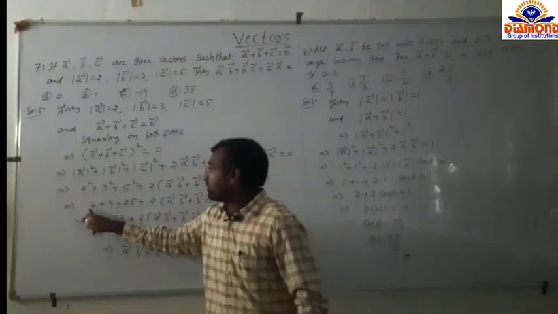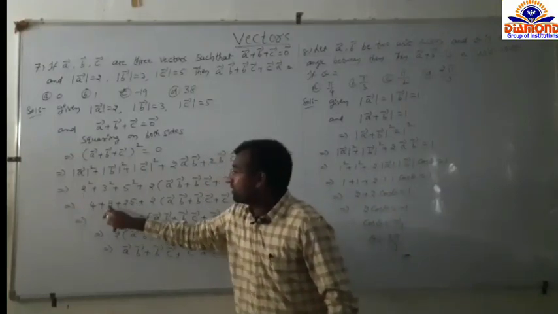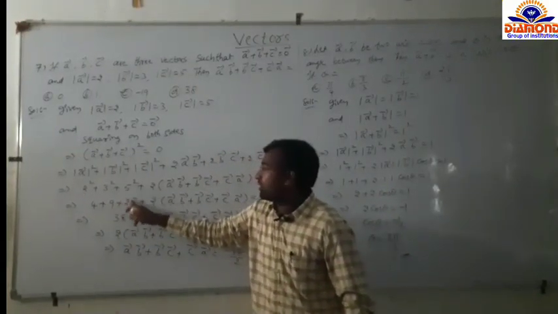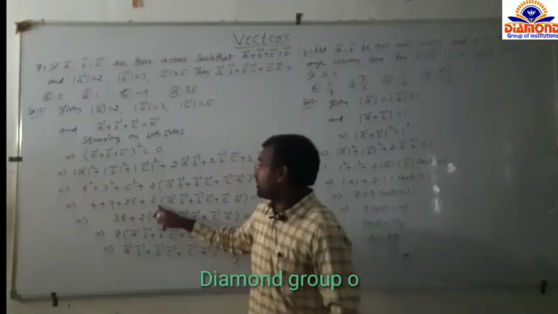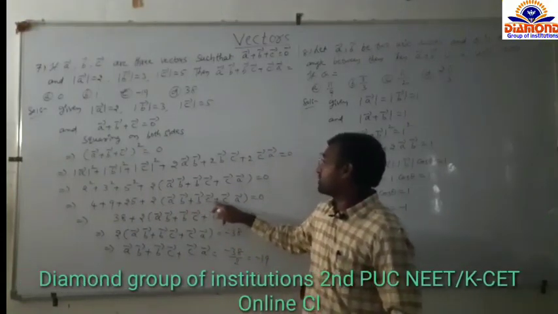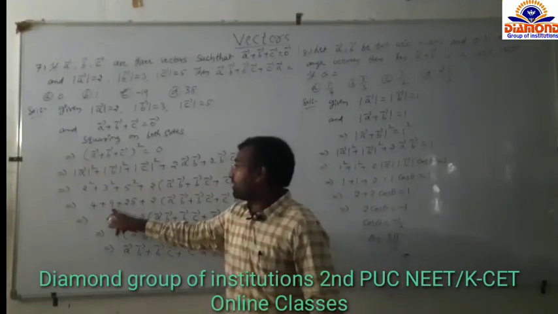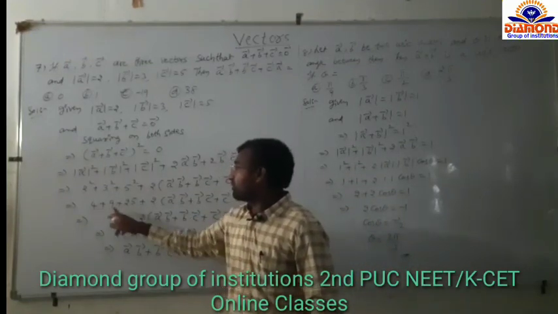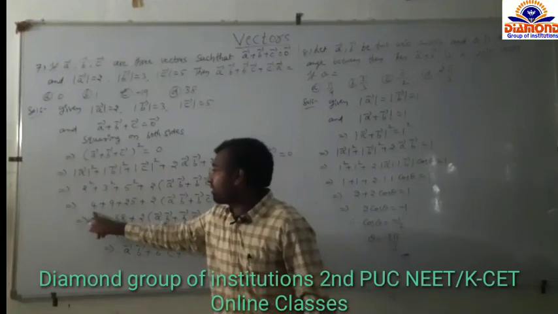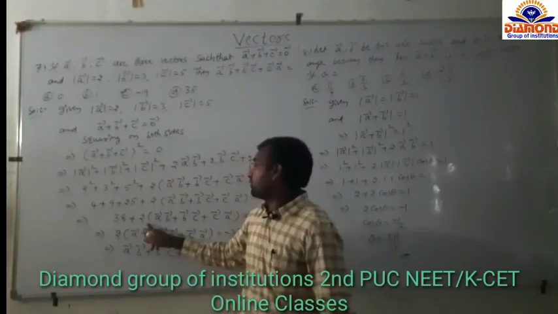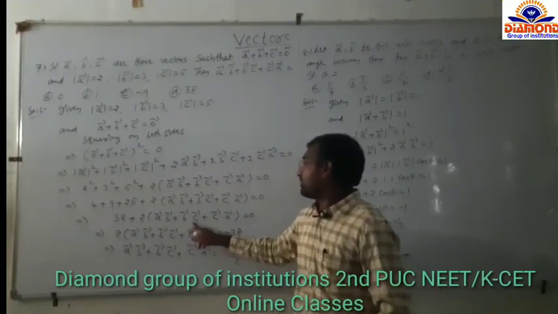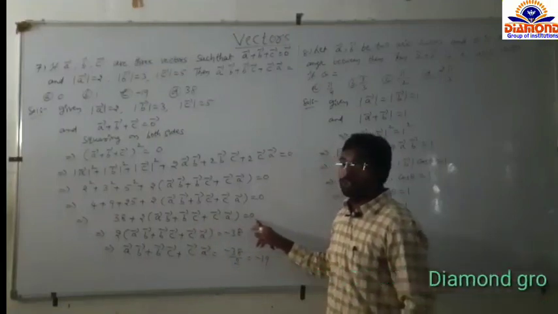Next, 2 square is 4, 3 square is 9, 5 square is 25, plus 2 into (a·b + b·c + c·a) = 0. So 25 + 9 is 34, 34 + 4 is 38. 38 + 2(a·b + b·c + c·a) = 0.